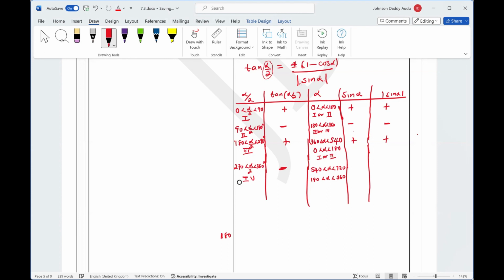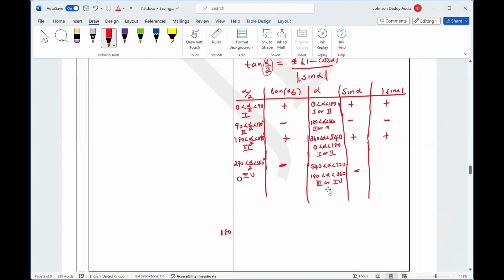Which means that this is going to be either the third or the fourth quadrant. But we know that if you are in the third or the fourth quadrant, sine is negative.